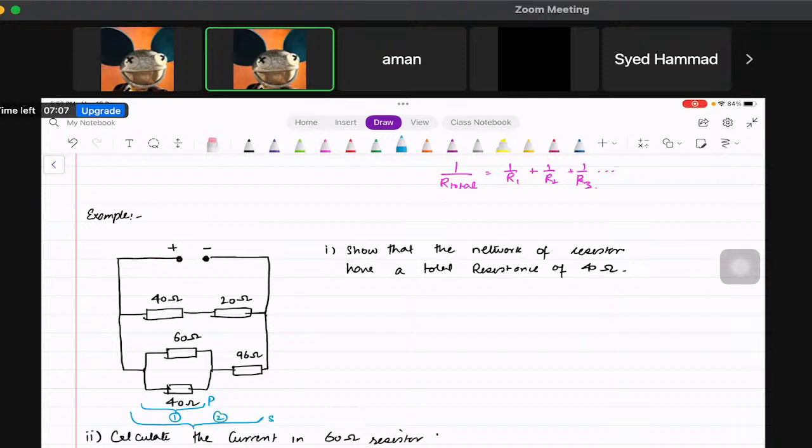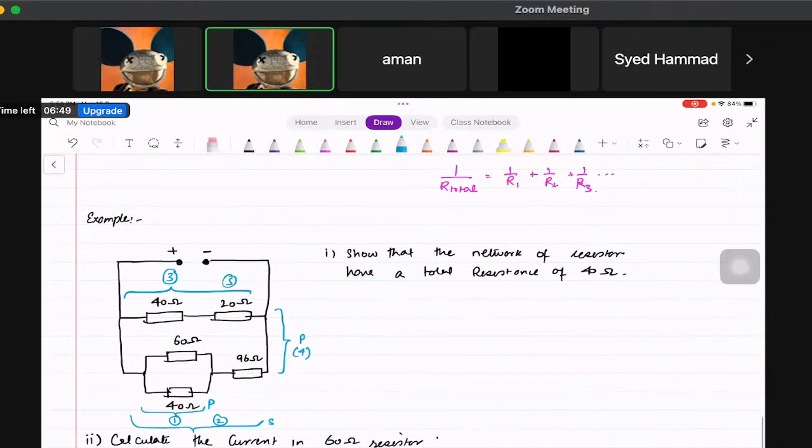Then these two are the third inner circuit, so we're going to solve this then. After that, 2 and 3 are parallel to each other, so that would be my fourth step. This is series, as I can see. All right. Is that clear, everyone? Aisha, Aman, Khatija, Ahmad? Yes, sir. Good.